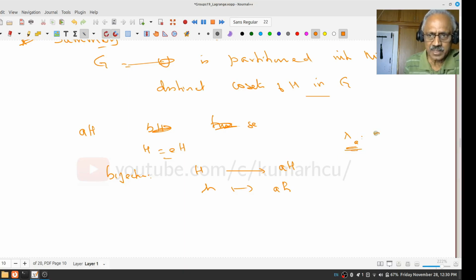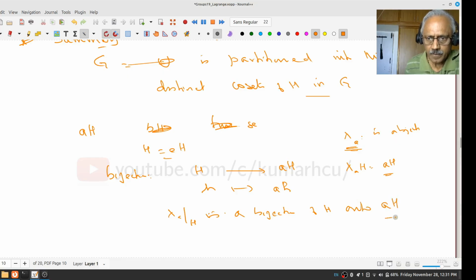We know lambda a is already a bijection. Right? And what is lambda a of H? That is aH. And therefore lambda a restricted to H is a bijection. Okay, pause, review, proceed.